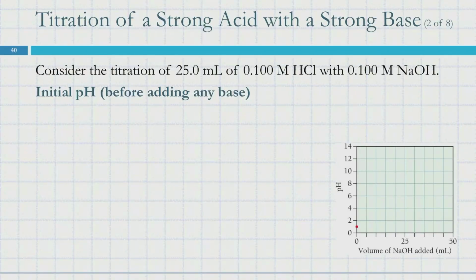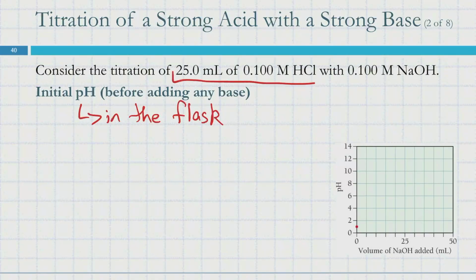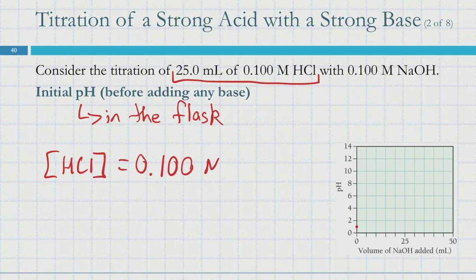So initially, our pH in the Erlenmeyer flask, the thing that we've got down below, is our strong acid. We've got 25 milliliters of a 0.100 molar HCl solution. So our concentration of HCl is 0.100 molar. pH is equal to the negative log of the concentration of H plus or hydronium.